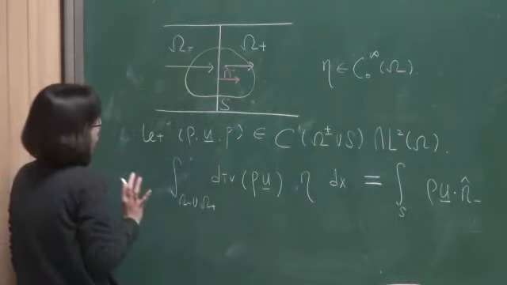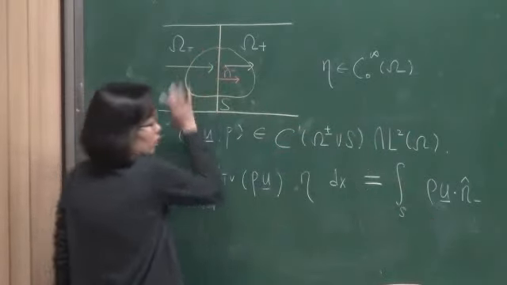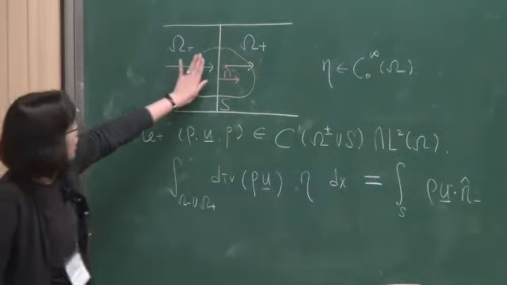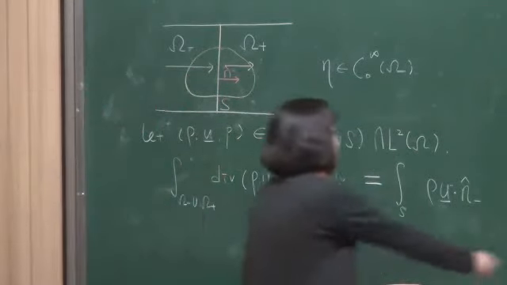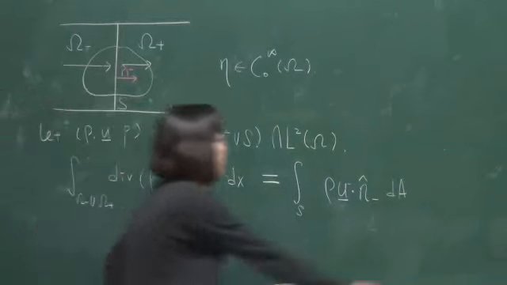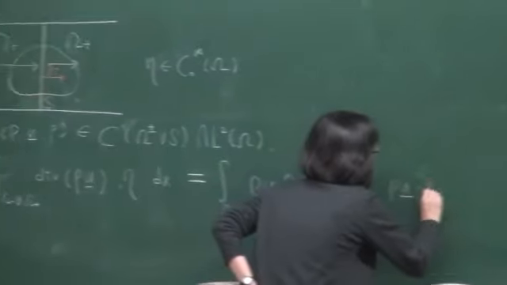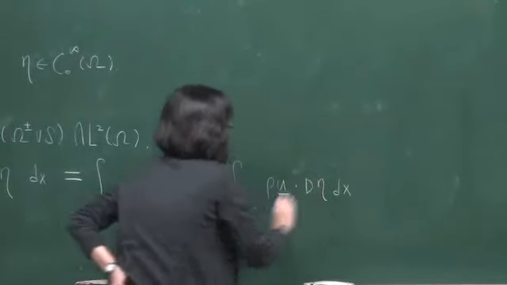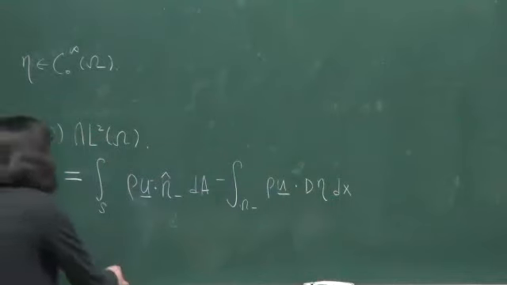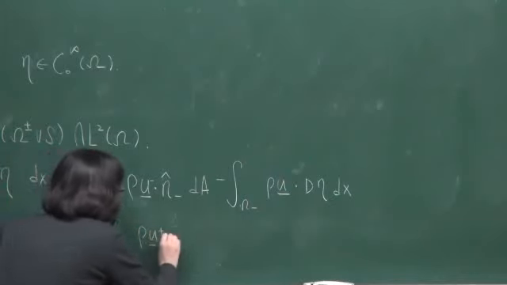So I'm only looking at this. Just to avoid any confusion, here u is evaluated from this side. So let me give you this index minus, just to tell you that this is a value taken from here. All right, so this is the surface integral, dA, minus the integral over omega minus of rho u dot the gradient of eta. So this is just integration by parts on the omega minus side. And you do the same for omega plus. So this is a plus integral on S, here rho u plus dot n plus.